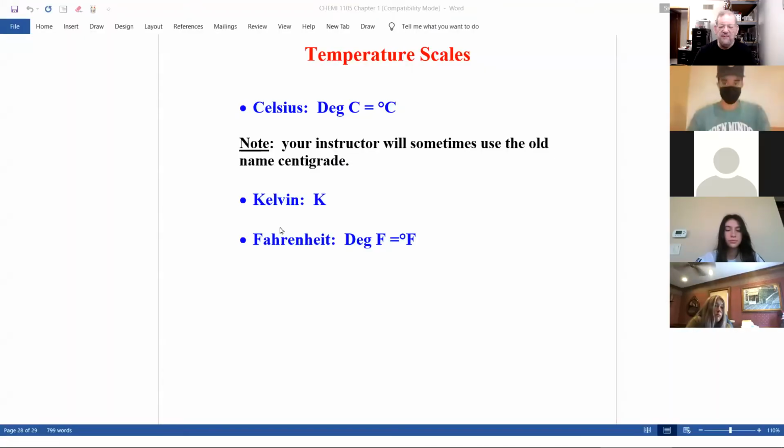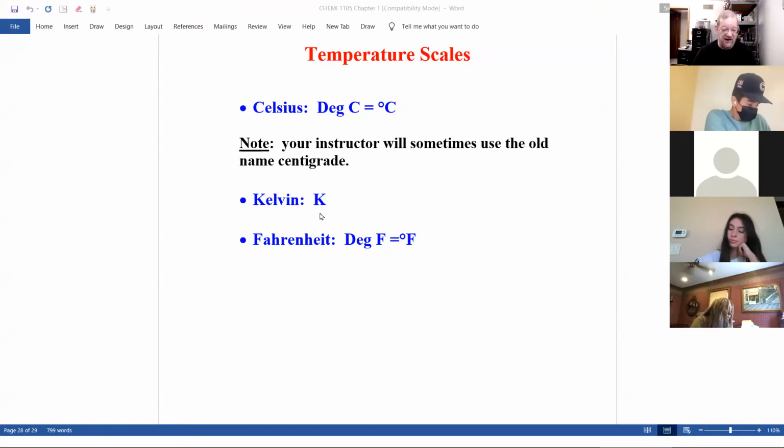All right, yesterday we were talking about temperature. Thumbs up, people. Do you see the temperature scale? Thank you. All right. There are 3 scales. One is Celsius, degrees C. Kelvin is an absolute scale, so there's no degrees.